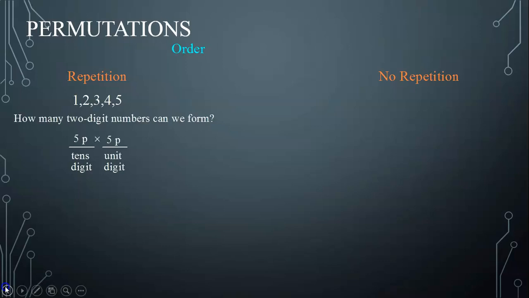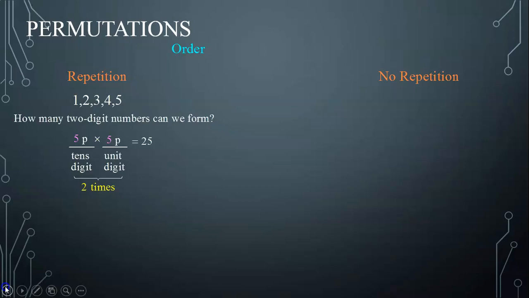Now, using the AND rule, also known as the product rule, I end up with a total of 25 possible two-digit numbers. Now 5 is the total number of objects given, and I'm arranging two objects out of the given objects.